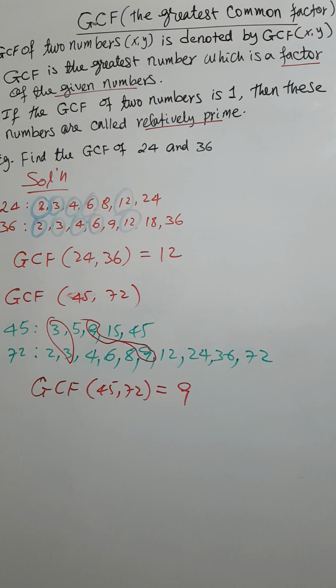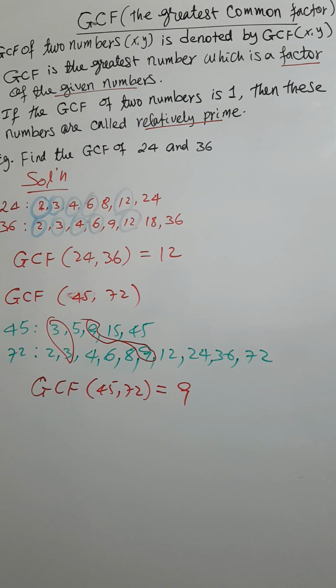This is a somewhat lengthy method of calculating the GCF in cases where we have bigger numbers or more than two numbers. If we are supposed to find the GCF of three numbers, we have to list out all the factors of the three, check the common ones, and find the GCF.